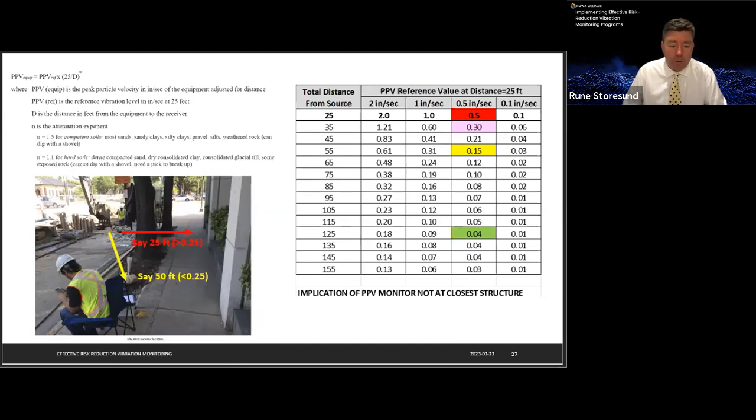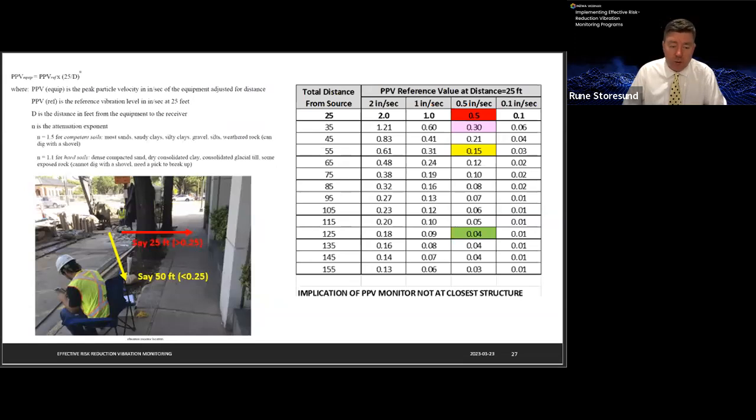If we look at the photo and say that the distance from the construction equipment to the monitor is about 50 feet, and the distance from the nearest portion of the structure is 25 feet, we find that the vibration monitor would detect a PPV value of about 0.15 inches per second, but the structure, because it's closer, would actually see a larger PPV value closer to 0.3 inches per second, which would be above our threshold of 0.25 inches per second.